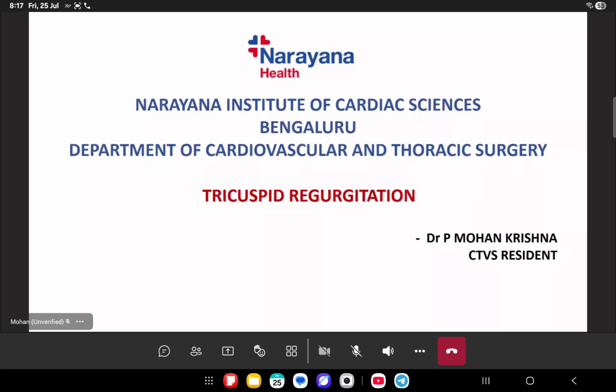So the simplest thing to learn in most of these guidelines, they give you class 1, class 2, 2A, 2B, 3, 3A, 3B, and all sorts of things. To simplify for you people to understand and remember, you must know class 1 where it is definitely indicated, and class 3 where it is harmful.